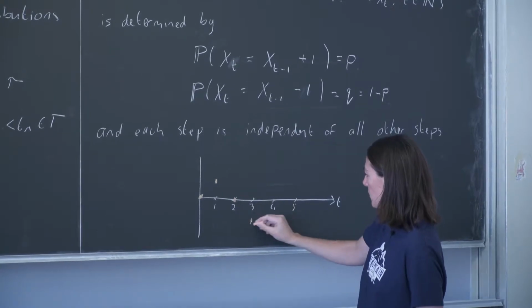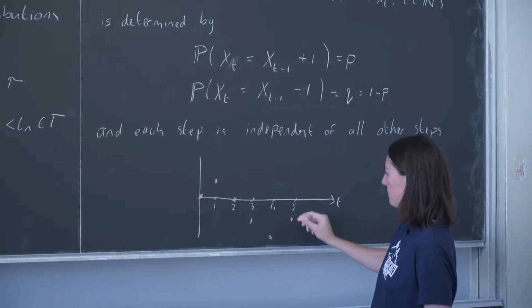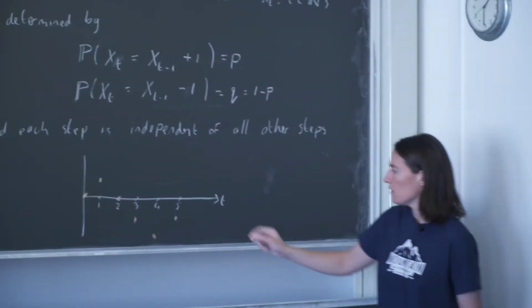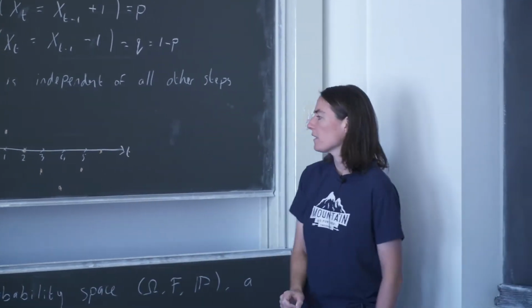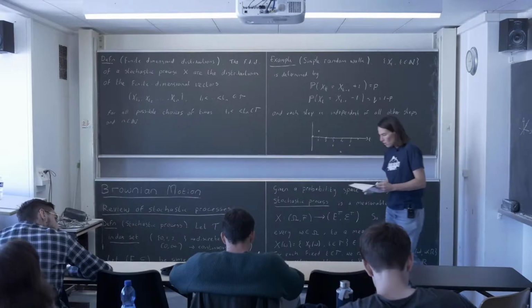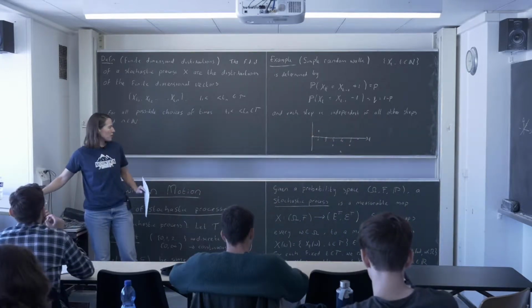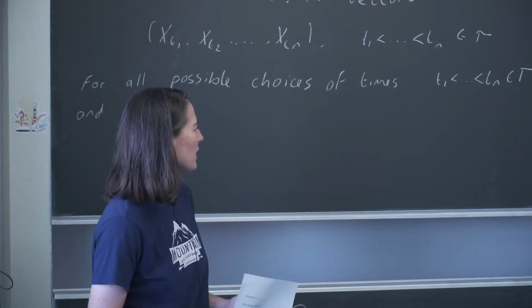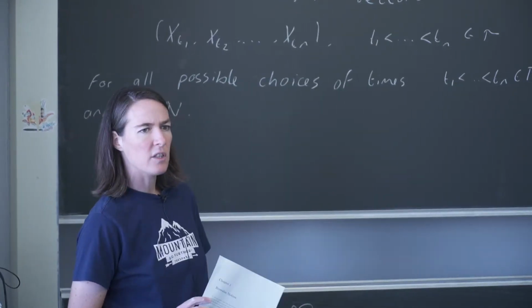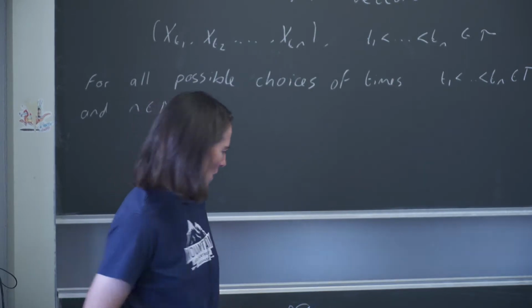So just keep tossing your coin, and your simple random walk looks something like that. Okay, I think everyone's seen that before. I just wanted to give these definitions so that we agreed on notation. So any questions on any of this? Okay.